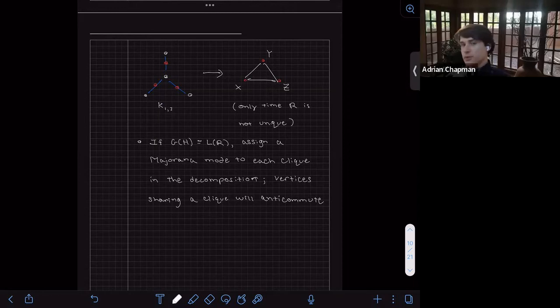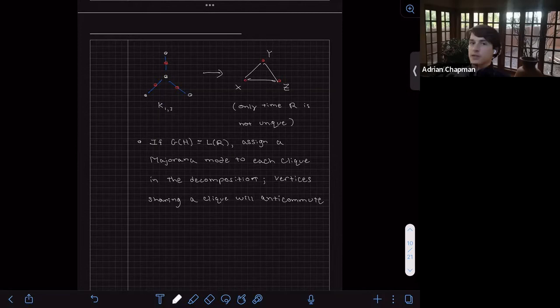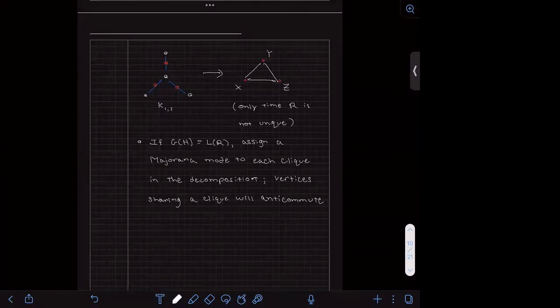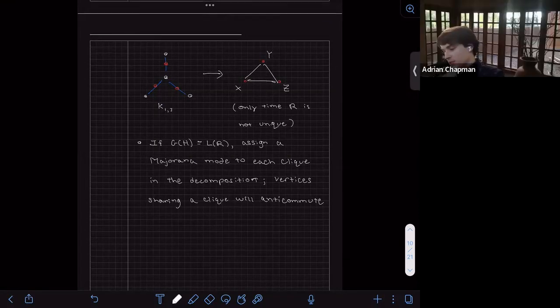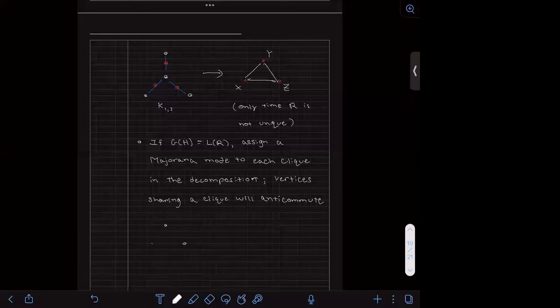So a hole is an induced cycle. It's a cycle through which there are no chords. For example, the triangle is a cycle, but in higher dimensions, sorry, do you mean like a simplex?